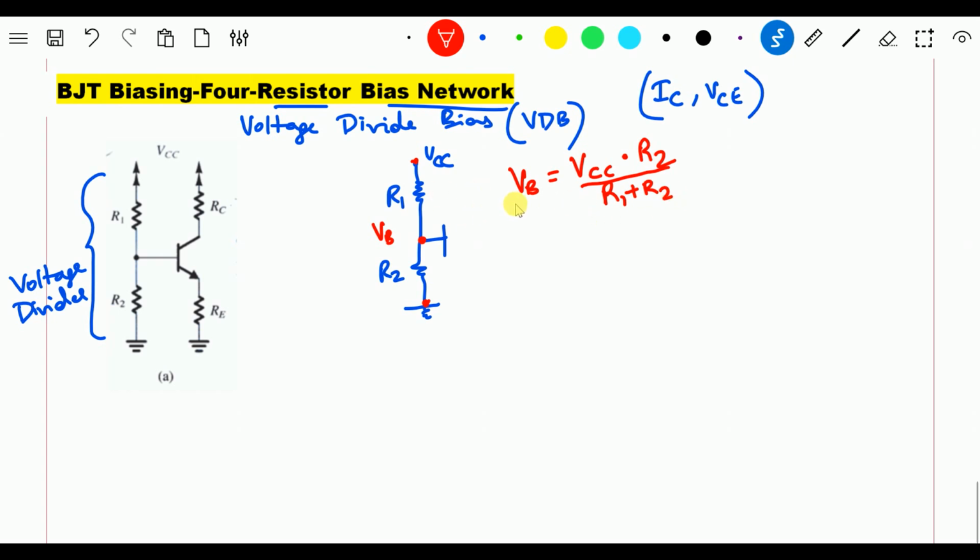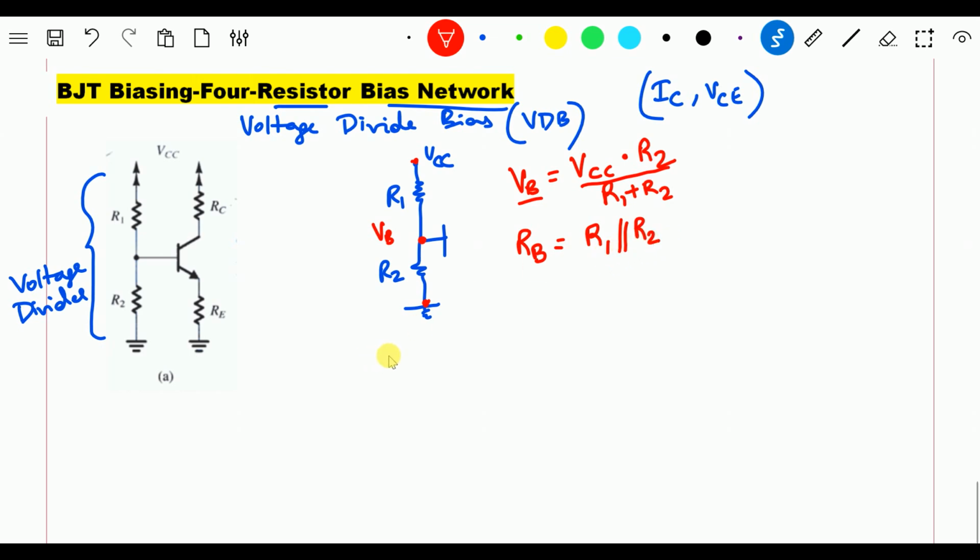This is the way we find the VB value. Now coming to your two resistors, they are both considered to be in parallel. So R1 parallel with R2 is my equivalent base resistance.